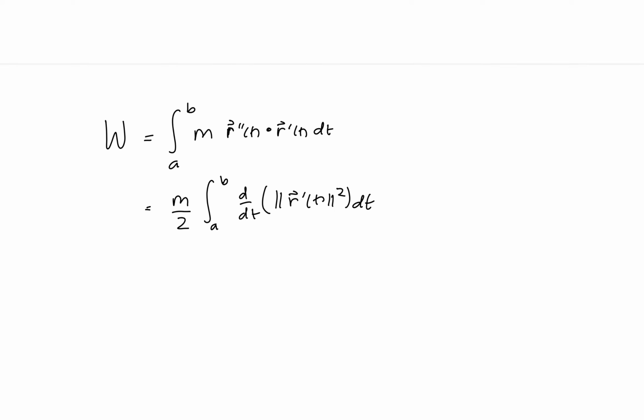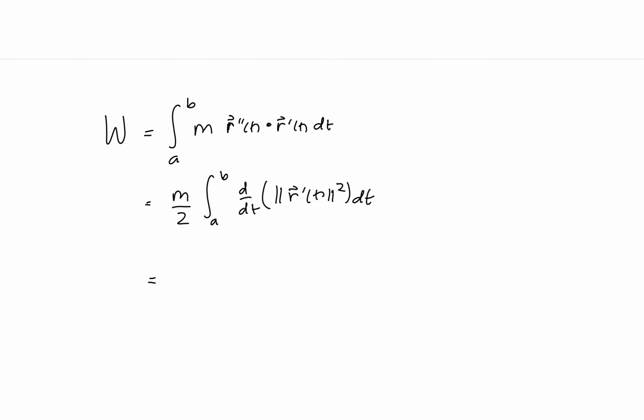Now this is just the fundamental theorem of calculus from Calc 1. So this is the magnitude of r prime of b squared minus the magnitude of r prime of a squared.